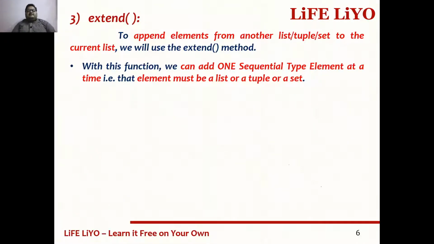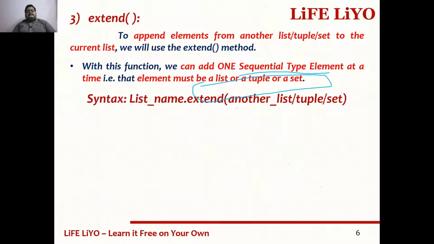What do you mean by sequential type element? Sequential type elements are nothing but a list or tuple or set or dictionary. So we can extend the present list with another list or a tuple or a set. What is the syntax? The syntax is list name dot extend of another list, tuple or set.